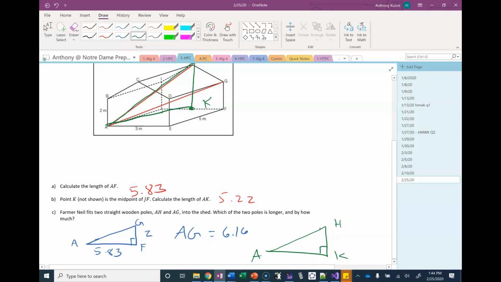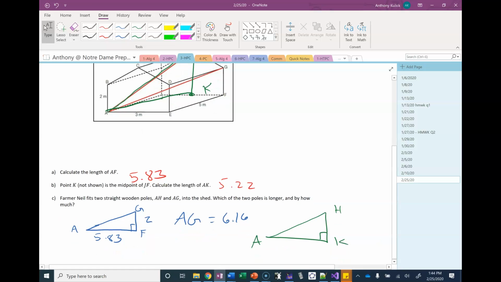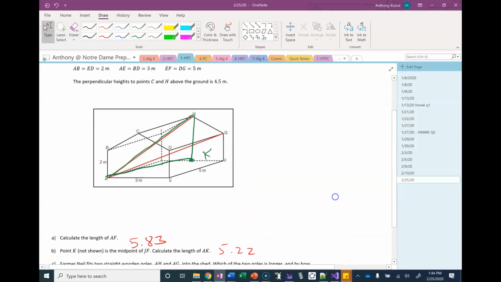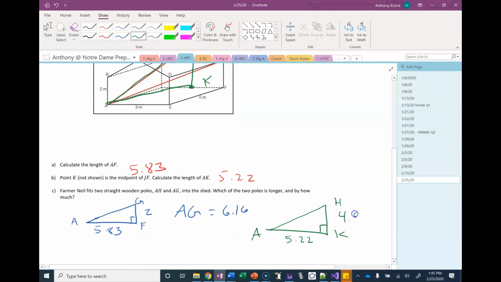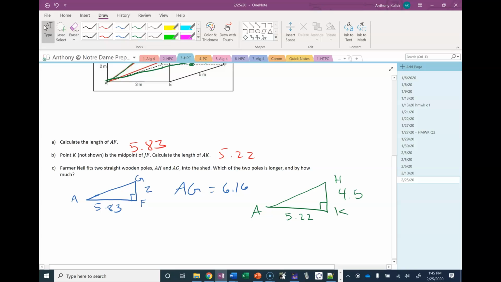So that's also a right triangle. And we know AK is 522. And we were told that H is 4.5 meters above the ground. So HK is 4.5. Is that okay, Caden? Okay. So then I can do my Pythagorean theorem on that. And here I get AH is 689.